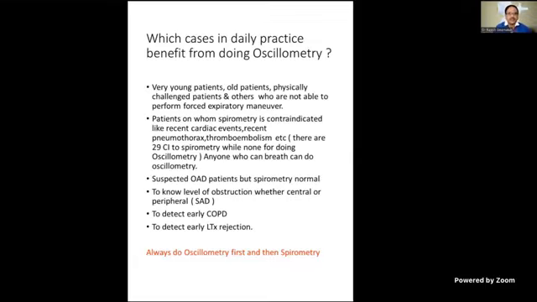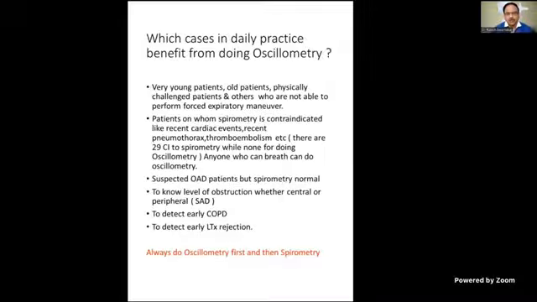These are about 20% of patients. It is established that about 20% of patients will not be able to do spirometry. So these are your straight cases in which you can try and do oscillometry. Then you know that spirometry has got 29 contraindications, while there are none for oscillometry.